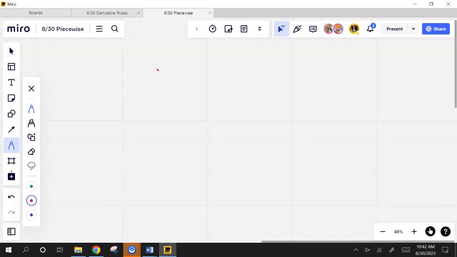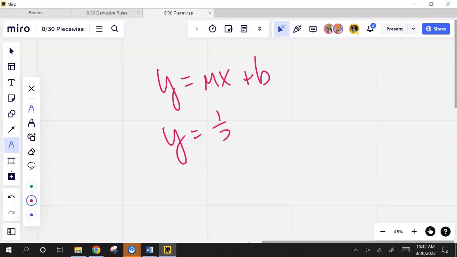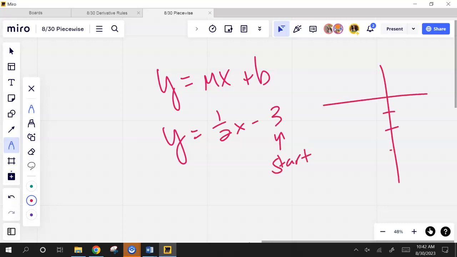If you have a line in slope-intercept form, you start at your y-intercept, and then you apply the slope to get your second point.